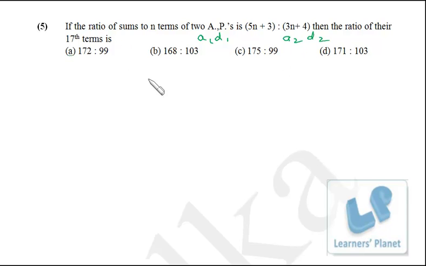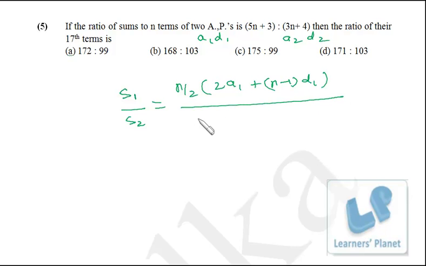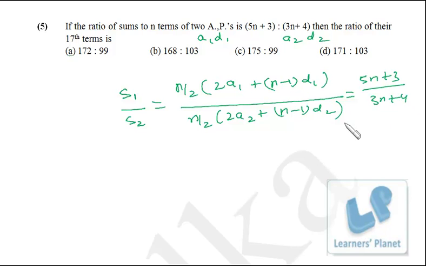So the sum of n terms, first by second, is n by 2 (2A1 plus (n minus 1) D1) by n by 2 (2A2 plus (n minus 1) D2), and that is given to us as 5n plus 3 upon 3n plus 4.